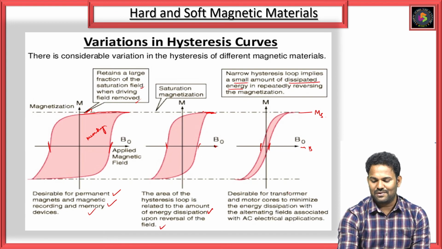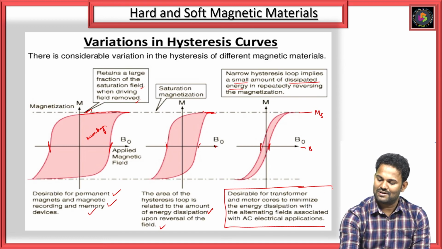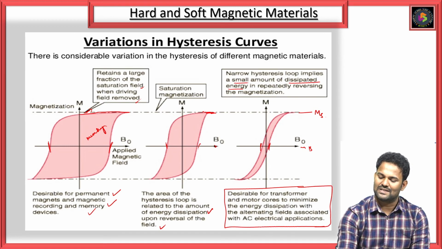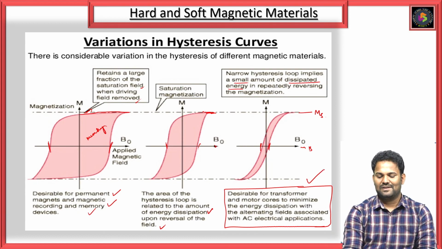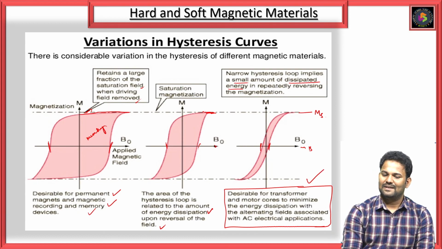That is desirable and useful for transformers, motors, and electronic devices and applications, where we use soft magnetic materials. So these are the major differences between the hard as well as the soft magnetic materials.